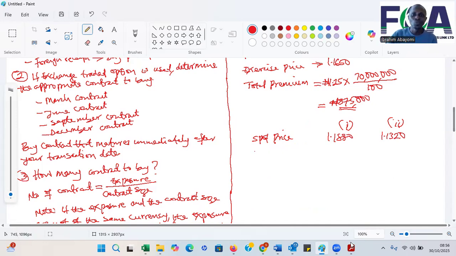That's the spot price. What is the exercise price? 1.1650.